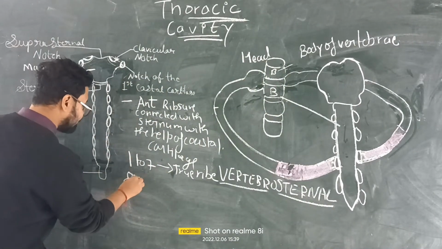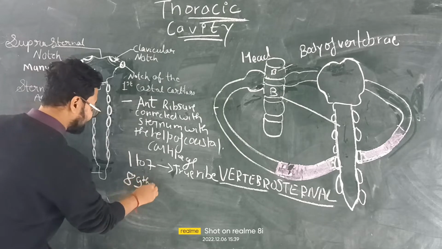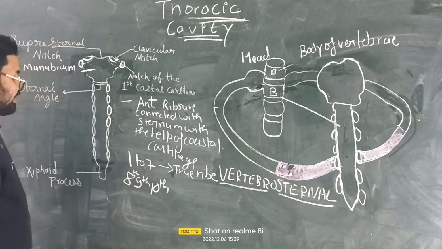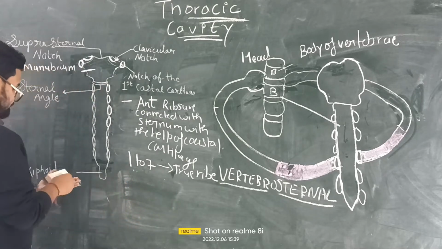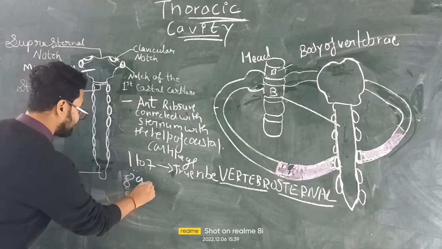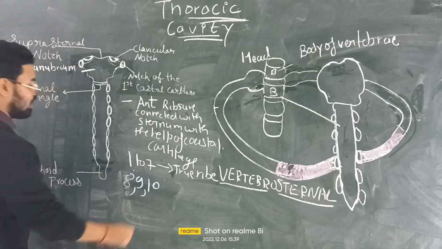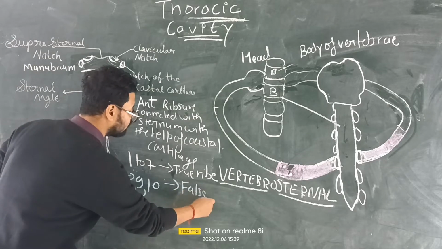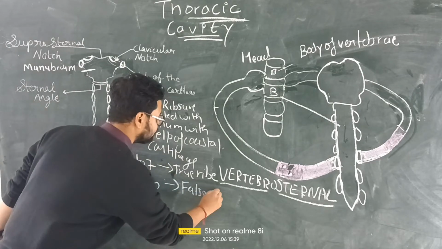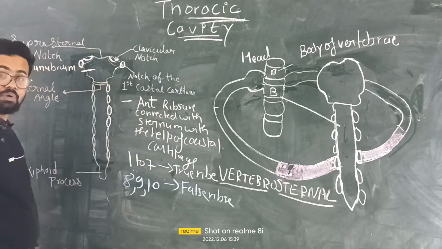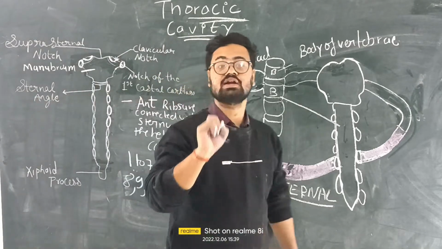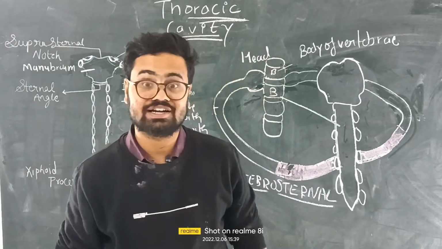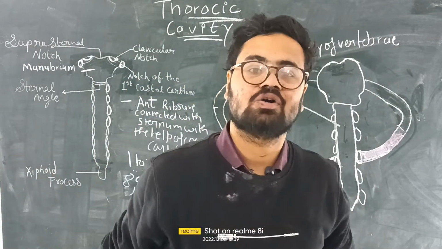Now 8th, 9th and 10th fall in the category of false ribs, but they are connected with the costal cartilage. It gets articulated with the costal cartilage.